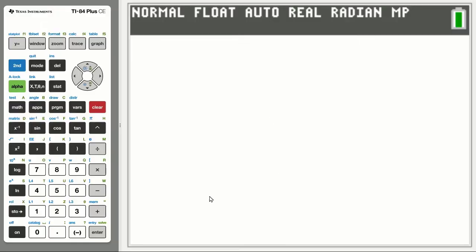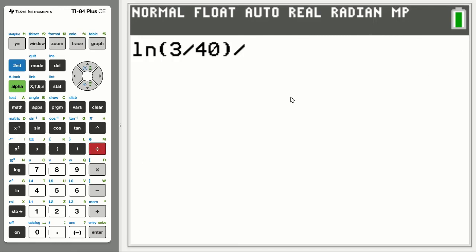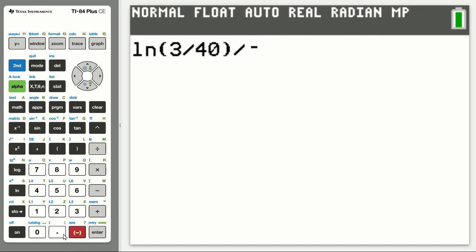All right, so now on my calculator, natural log of 3/40, and this calculator is strong enough to do that all-in-one command right here. Divide that by negative 0.0043586.